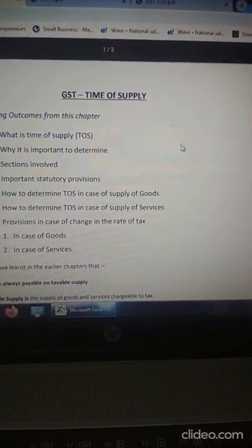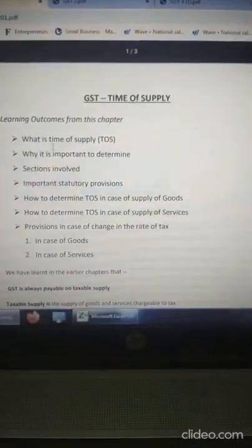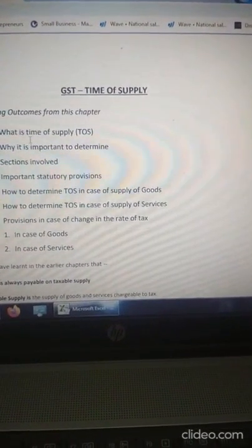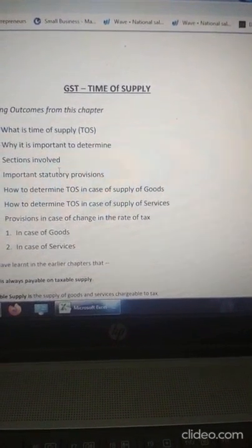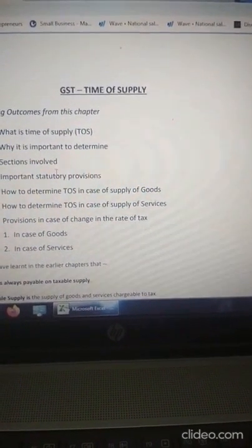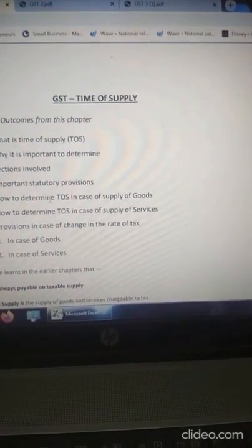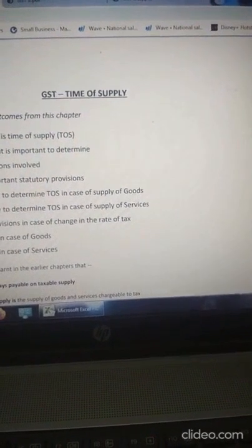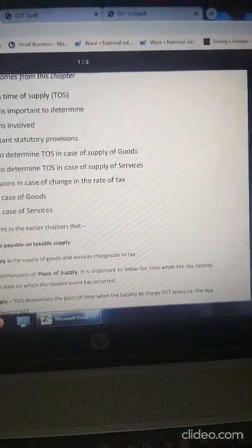Basically, first we'll study what is time of supply, then why it is important to determine the time of supply, then various sections involved in the time of supply, important statutory provisions, then how to determine time of supply in the case of goods, and how to determine the time of supply in case of services, and then provisions regarding the change in tax rate in case of goods and services.